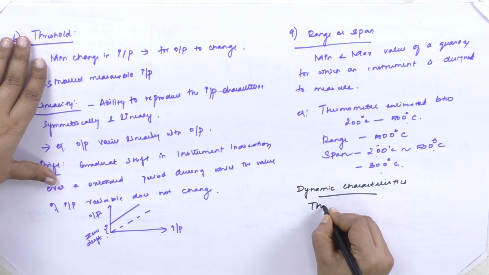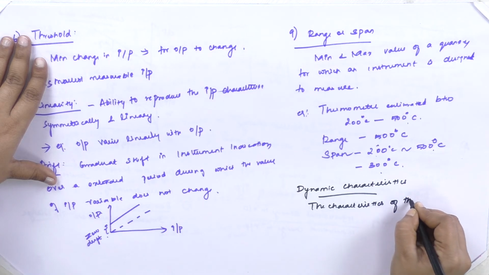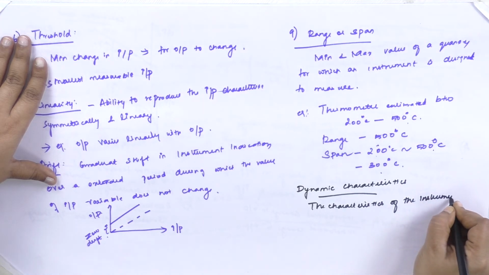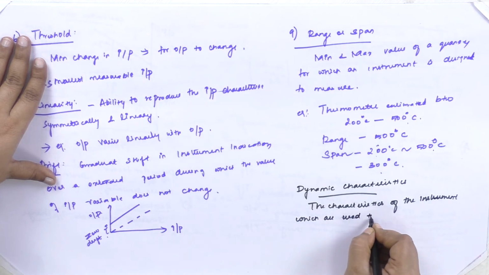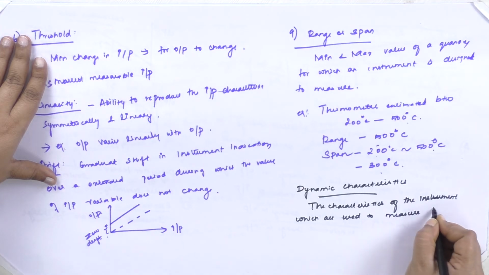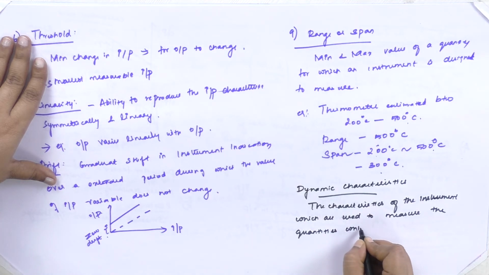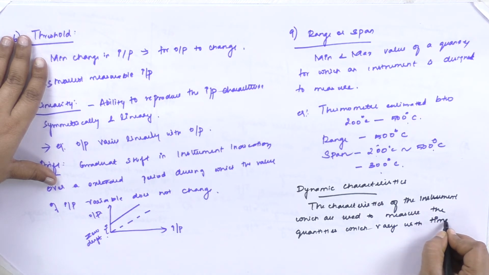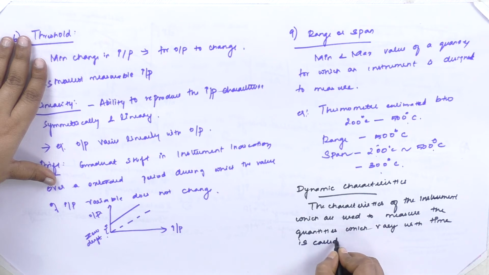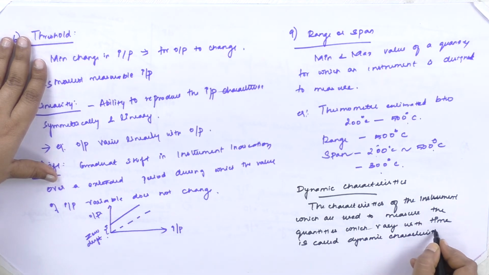The characteristics of the instrument which are used to measure quantities which vary with time are called dynamic characteristics or the dynamic response of the system.